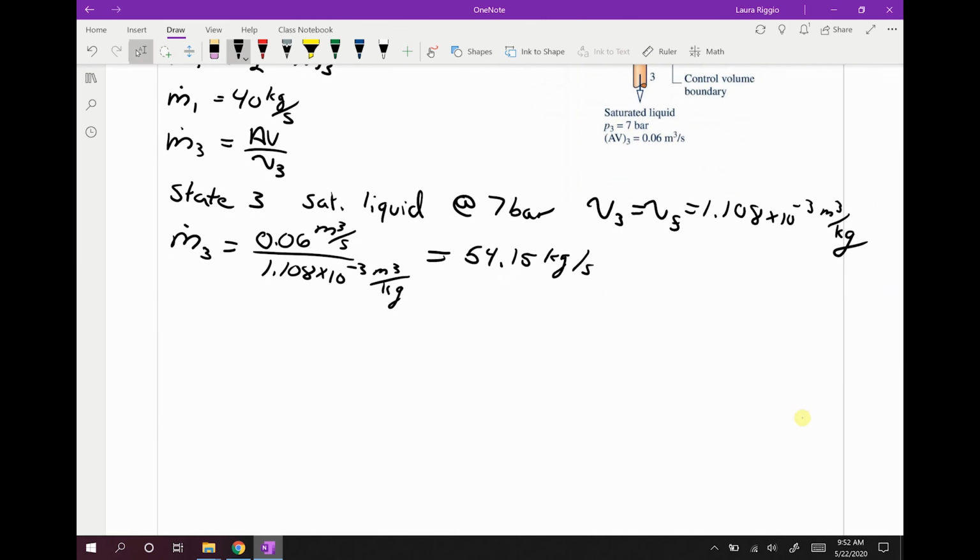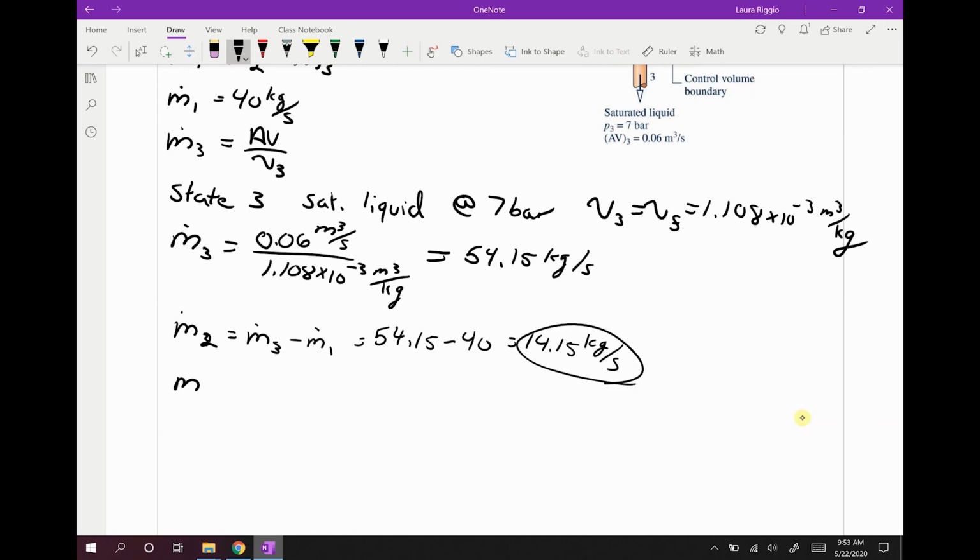From our mass balance, we get that our mass flow rate at 2 is equal to our mass flow rate at 3 minus our mass flow rate at 1, which is 54.15 minus 40, which equals 14.15 kilograms per second.